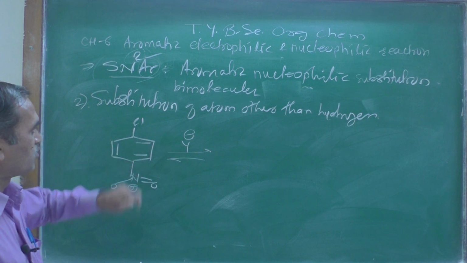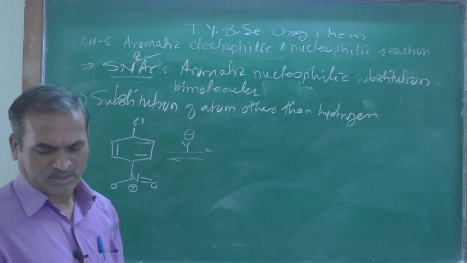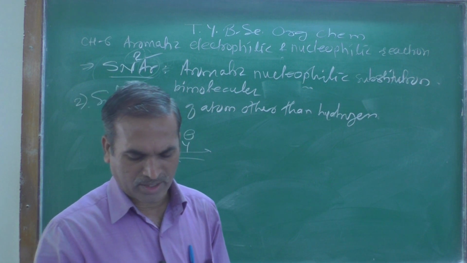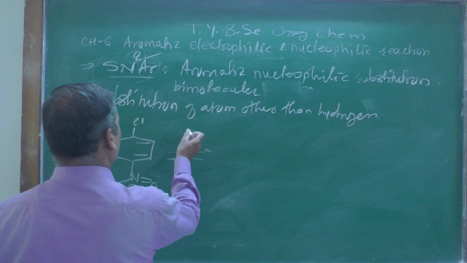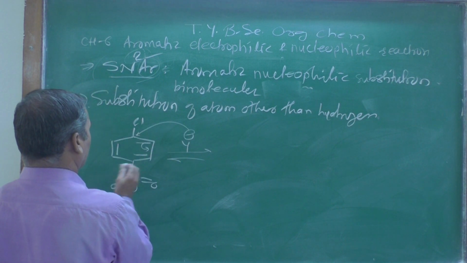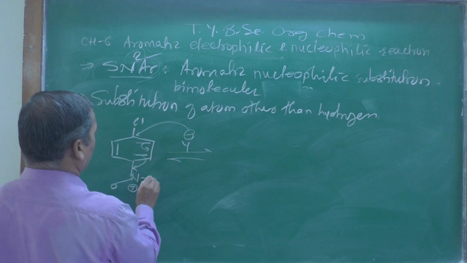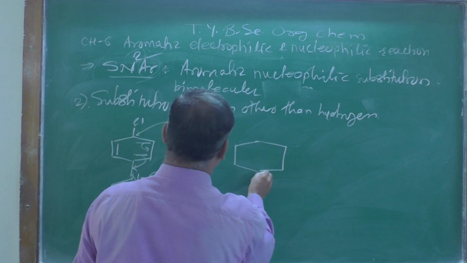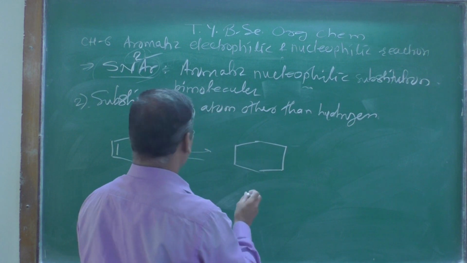This nucleophile is going to attack on that chlorine. Suppose it attacks over here, this double bond shifts from here to here, and there is a negative charge on it, and we get the next product.